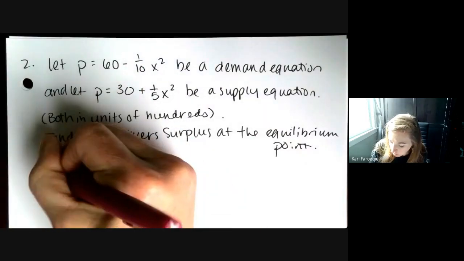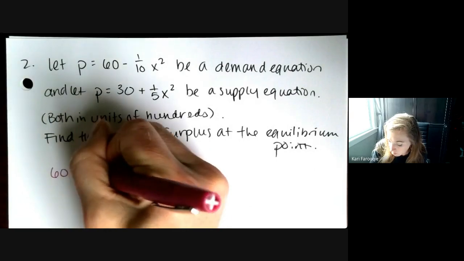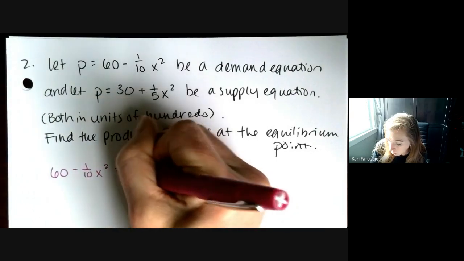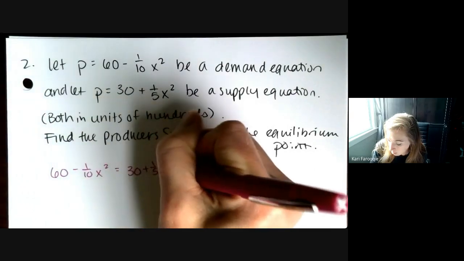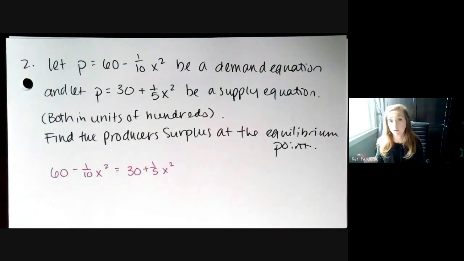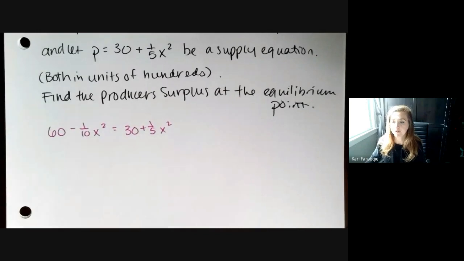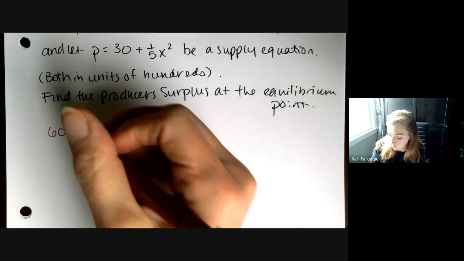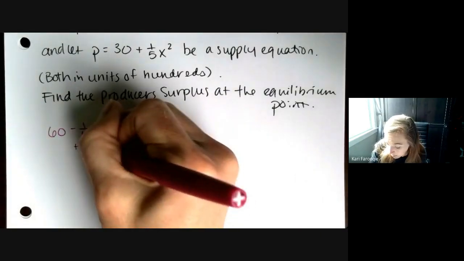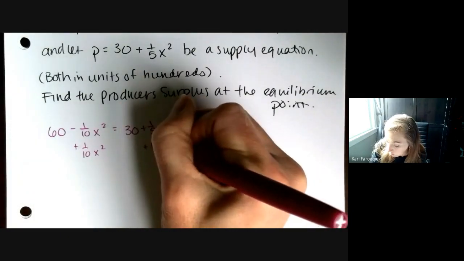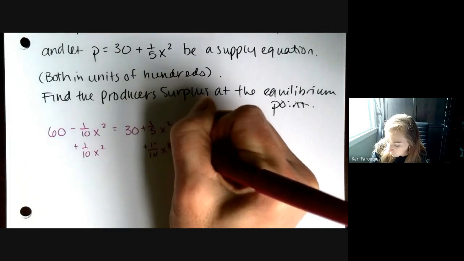So I'm going to say 60 minus 1/10 x squared equals 30 plus 1/5 x squared. And we're going to solve this equation. It kind of does not matter if you want to set this equal to 0 or how you want to do this. If you want to just start out by saying, let's add 1/10 x squared to both sides, that's fine.